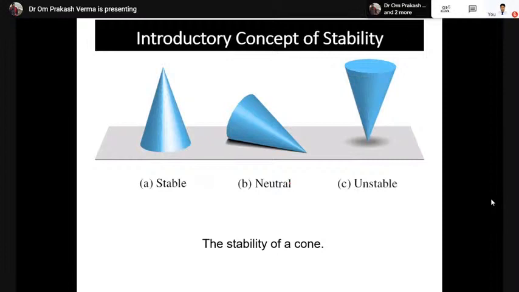The second is just laid down, so you can say this is neutral. And the third picture is very highly unstable, like in childhood when you played with a toy called a lattu.